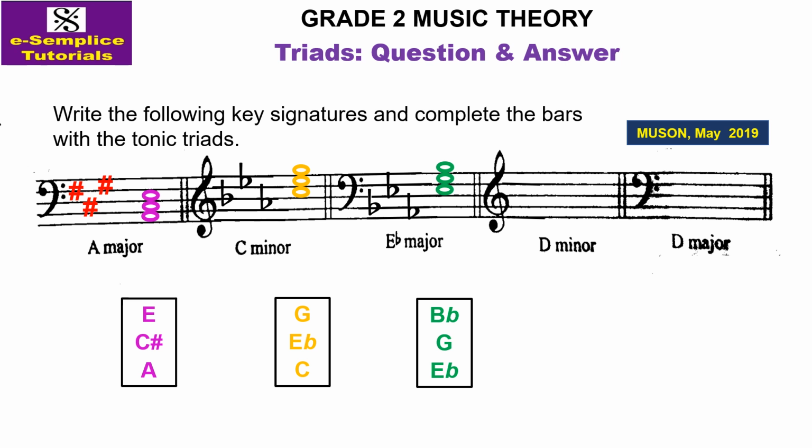Next is D minor. What is the key signature for D minor? That will be B flat. Figure out the triad.